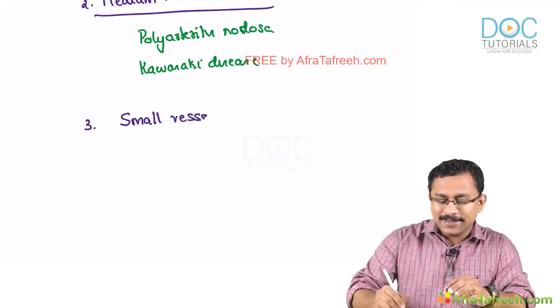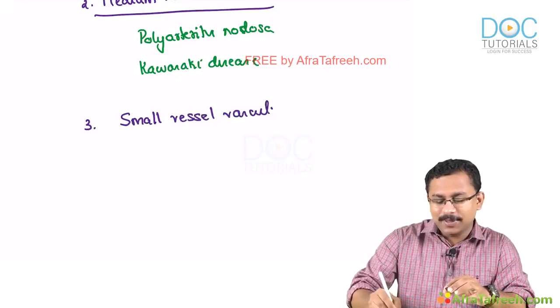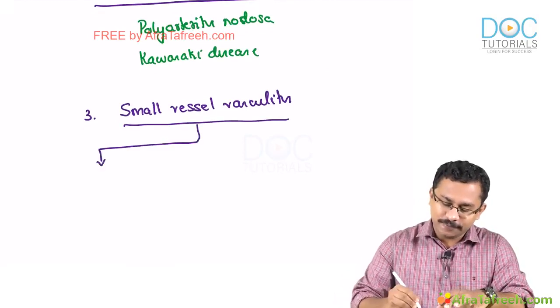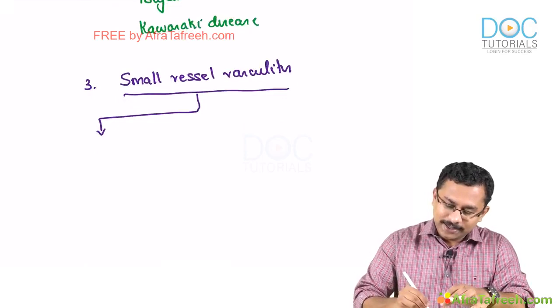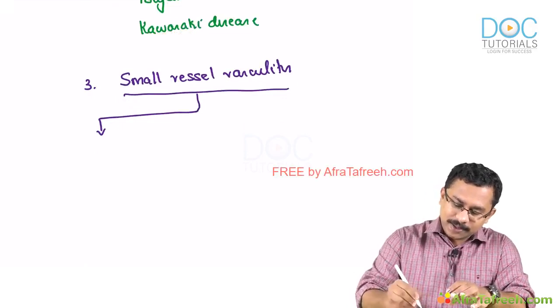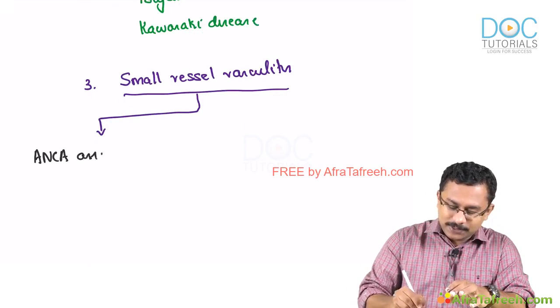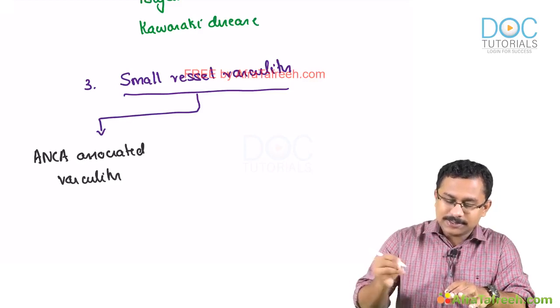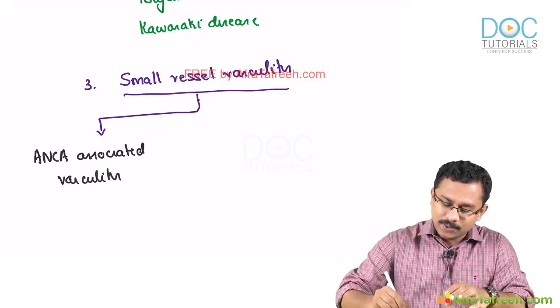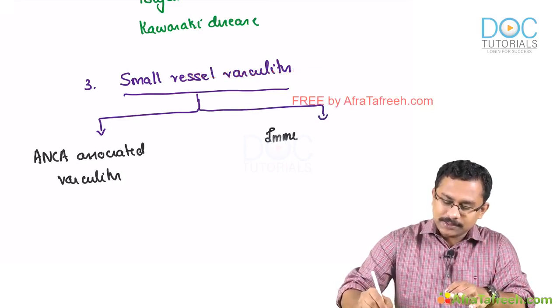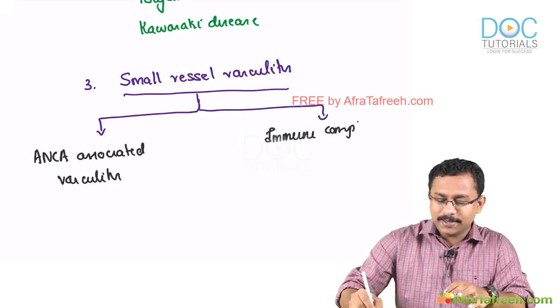Now, the small vessel vasculitis is again subdivided into 2 groups. Very important. So one is the group of AAV or the ANCA associated vasculitis. The ANCA associated vasculitis. Okay. ANCA associated vasculitis. And the next one is the group of immune complex mediated vasculitis.